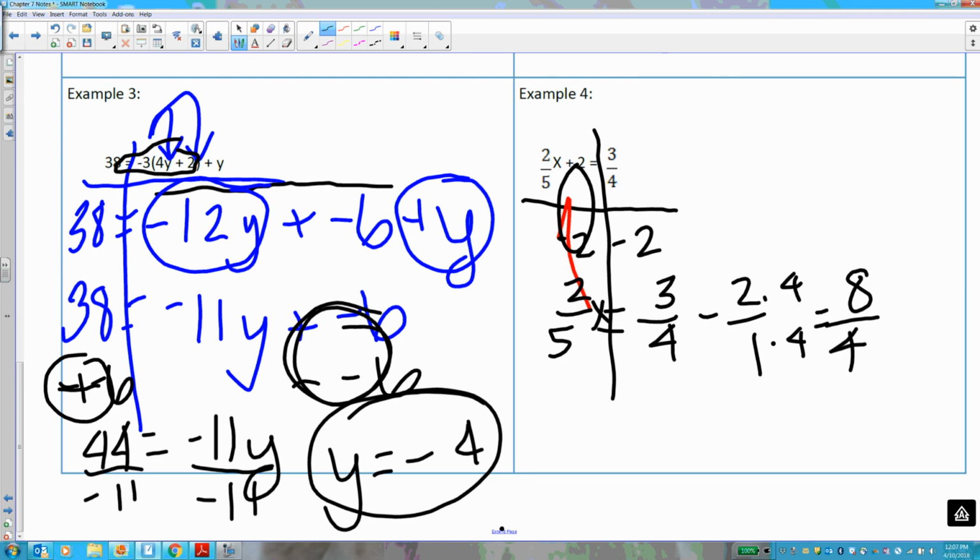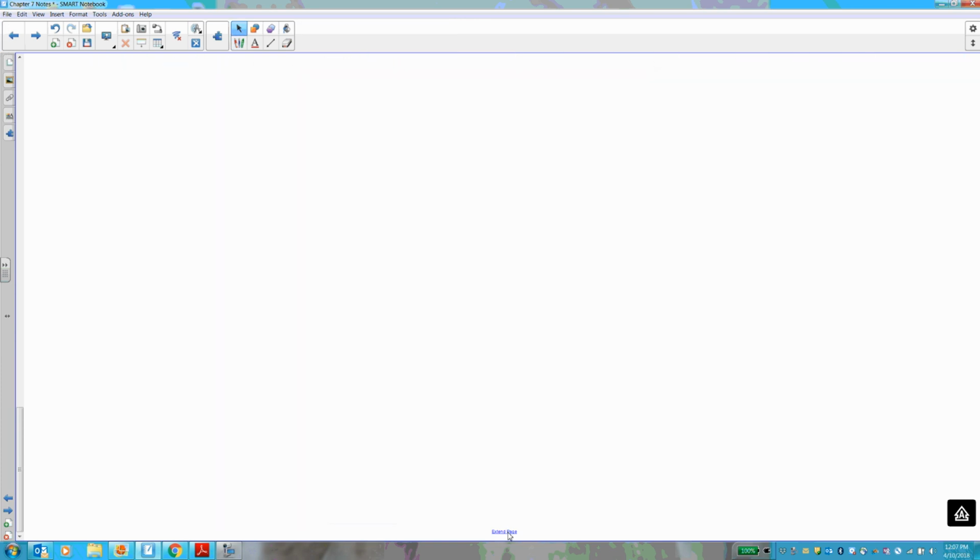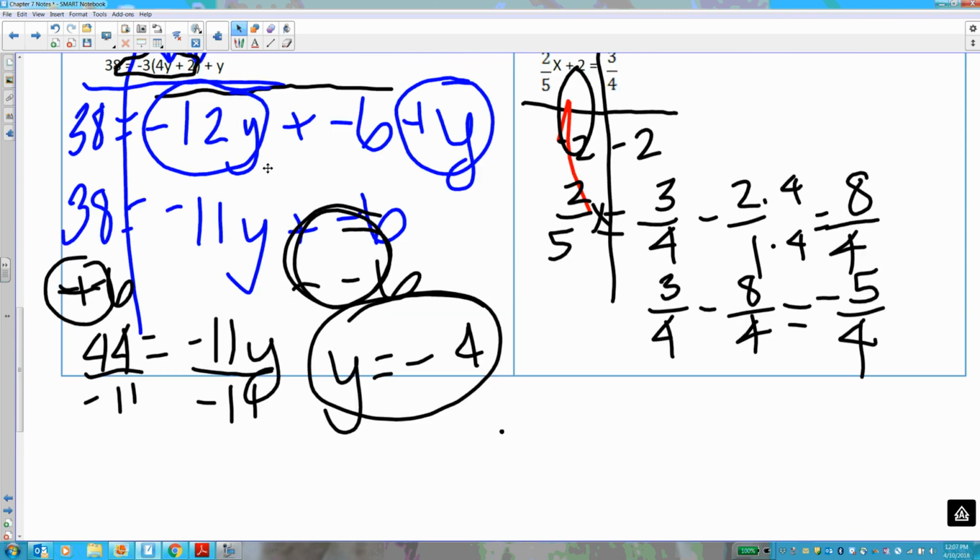Everybody with me so far? All right, so I have 3/4 minus 8 over 4. So 3 minus 8 is negative 5/4. That's just subtracting the 2. So much work for one little problem. All right, so now I'm left with 2/5 x equals negative 5/4.